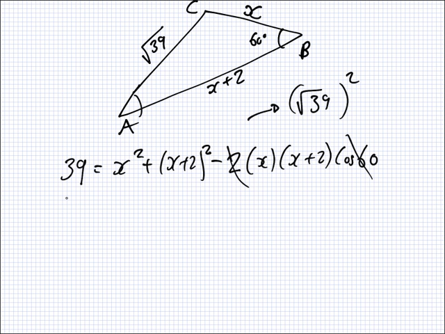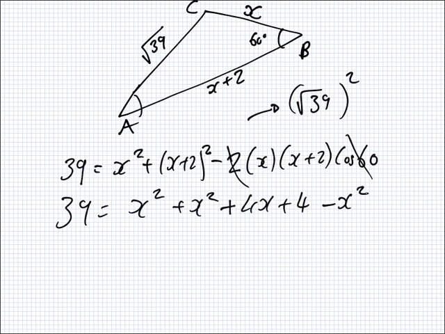So let's expand. That's 39 equals x squared. Who can expand this quickly for me? What do you get here? x squared plus 2x plus 4, plus 4x, plus 4. 4x. Nearly. Minus, and let's expand this one. Minus x squared minus 2x.